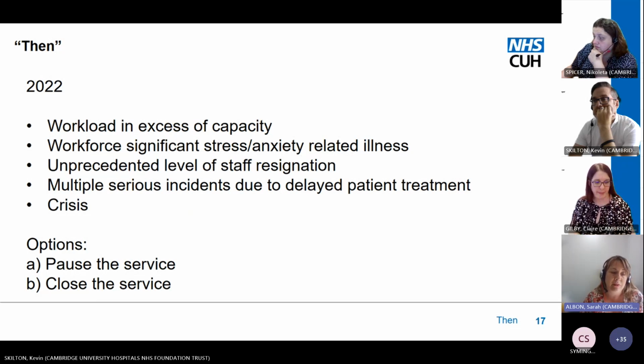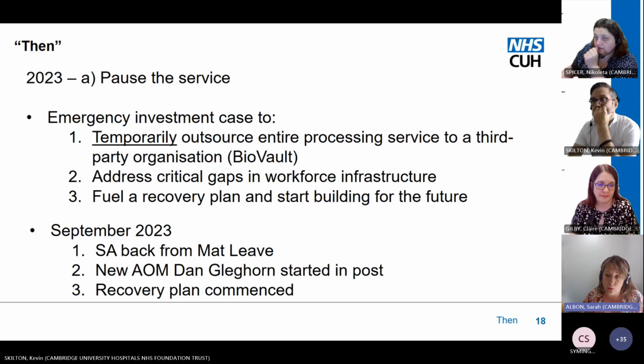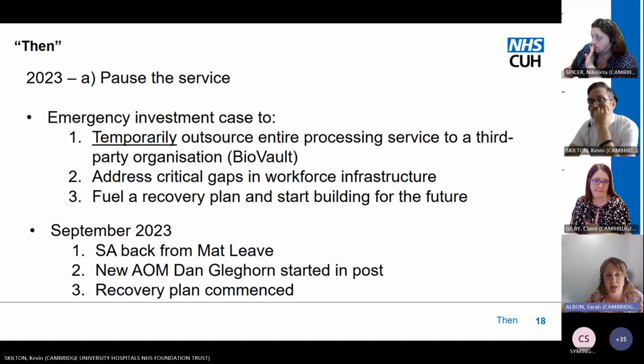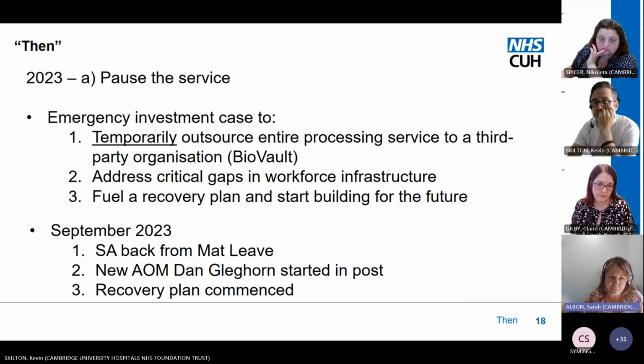So next slide, please. The decision was made to pause the service, and Claire worked phenomenally hard to put together an emergency investment case to temporarily outsource the processing element of our service to a third-party organisation called BioVault down on the South Coast.